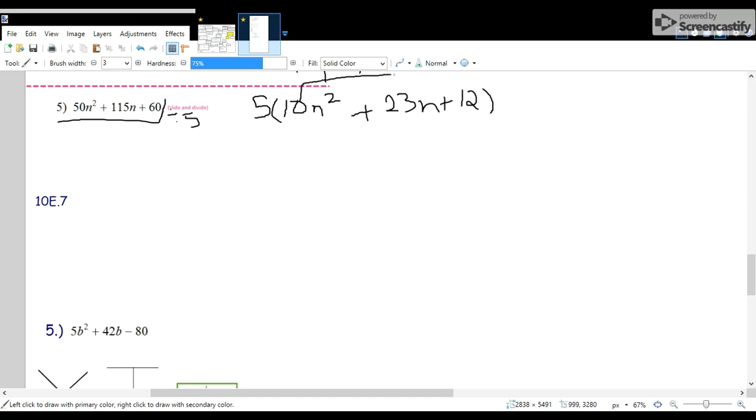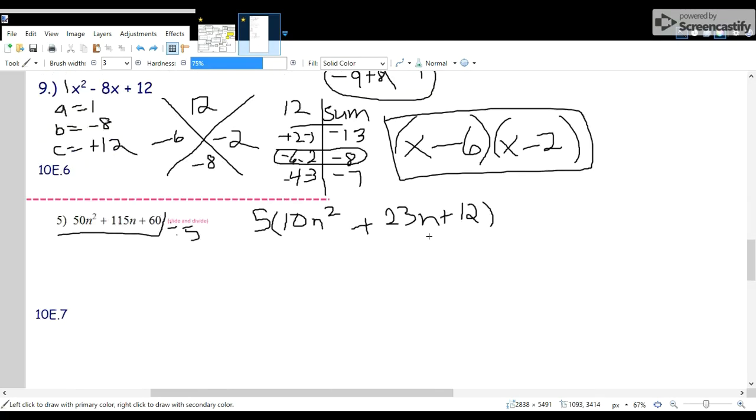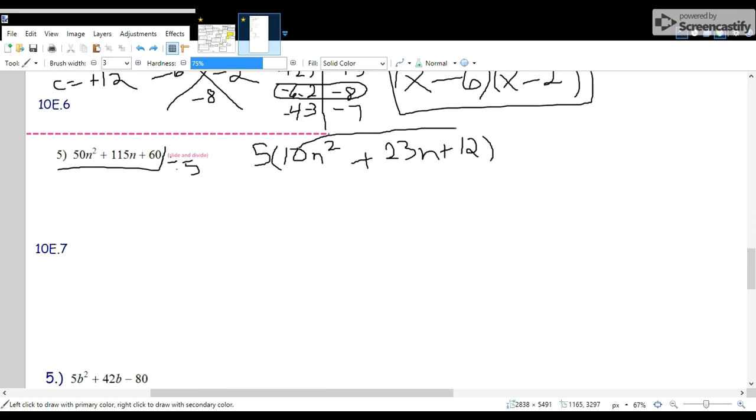We're going to slide this 10 over and multiply it by the 12. So 10 times 12 is 120, so we have 5 parentheses n squared plus 23n plus 120.